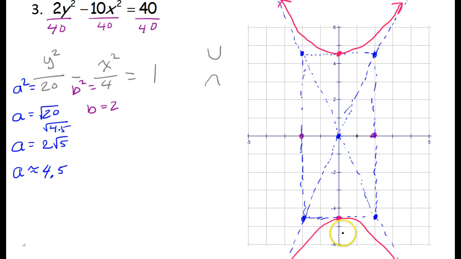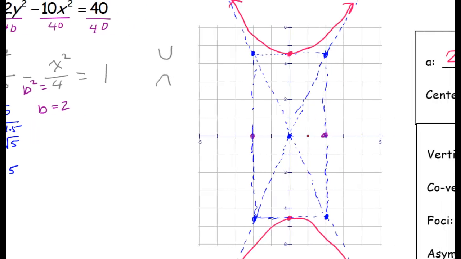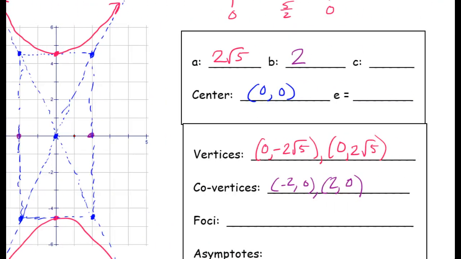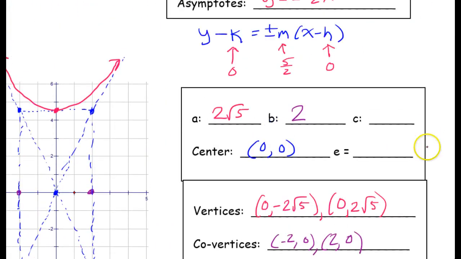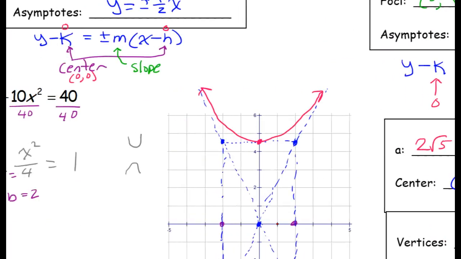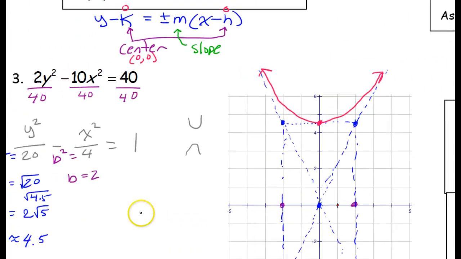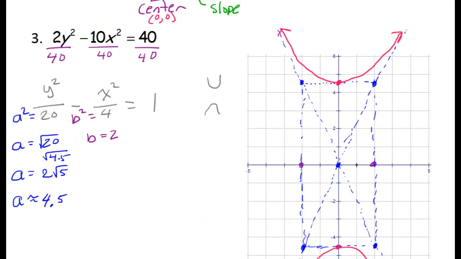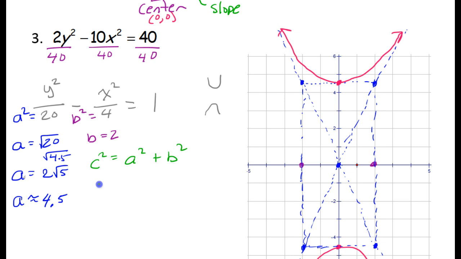Let's find the foci, which should be in the interior of each branch. To find the foci, we're going to need the c value. So remember the relationship here. When it comes to hyperbolas, we know that c squared is equal to a squared plus b squared, unlike ellipses, which have a minus right here.